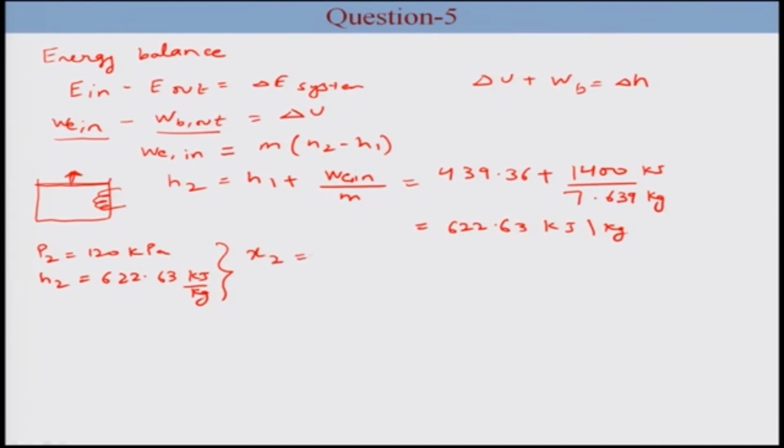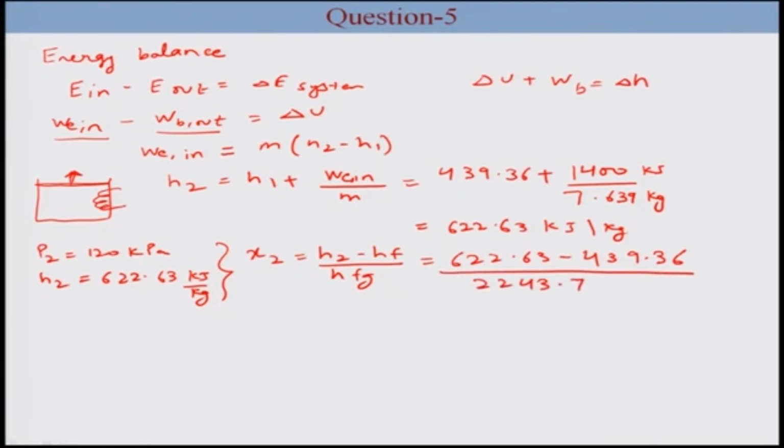So, X2 is equal to (H2 minus HF) divided by HFG. Taking the value of HFG at 120 kilopascal from the previous table by interpolation, X2 is equal to (622.63 minus 439.36) divided by 2243.7, which is 0.08168.